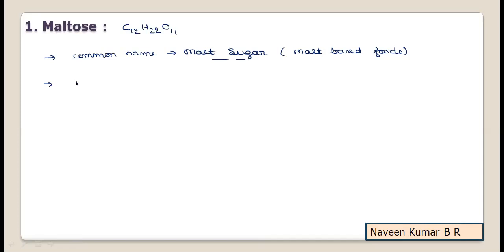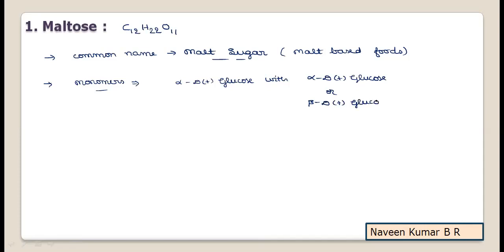Now if you consider maltose, the monomers, which are the building components of the respective polymer, or the monosaccharides in this, are alpha D plus glucose with alpha D plus glucose or beta glucose, either alpha or beta, but the first one should be alpha glucose to make it a maltose molecule.